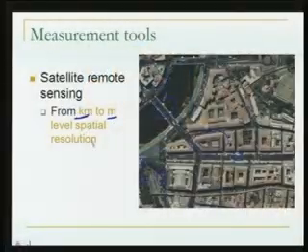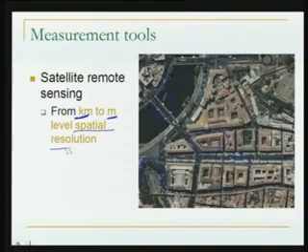We can get these accurate measurements with satellites which have a spatial resolution of the order of 1 meter or slightly around. At the moment the best resolution commercially available is around half a meter. So it's a very, very good resolution. You can see many details, a lot of information in the data.